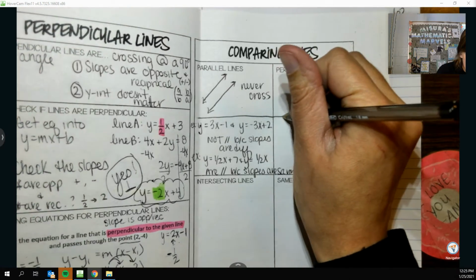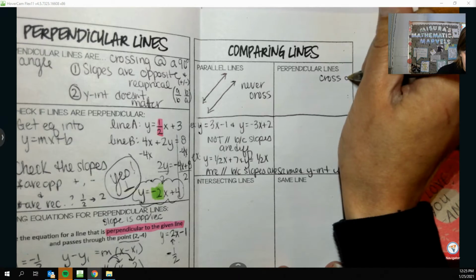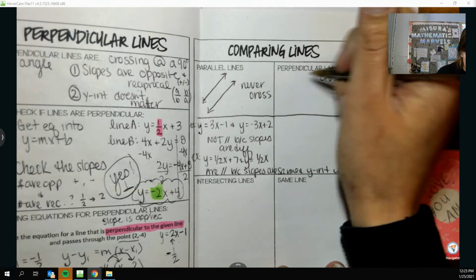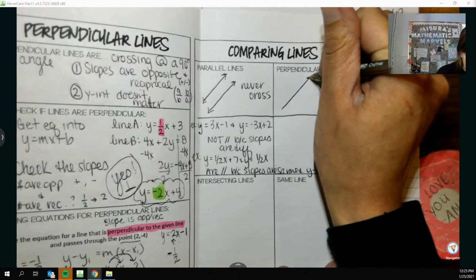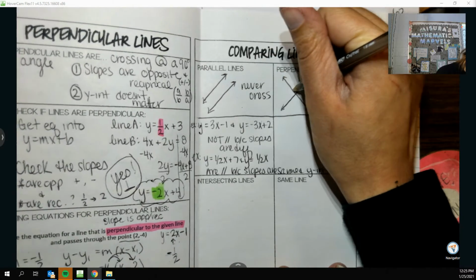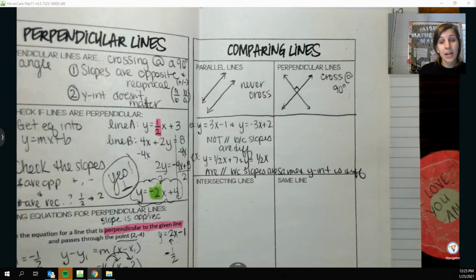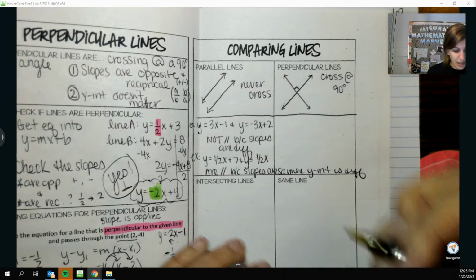Perpendicular lines cross at a 90. So for instance, I might have a line like this, and then a line like that. And right here you have a 90-degree angle. But more importantly, they're opposite reciprocal slopes going on.